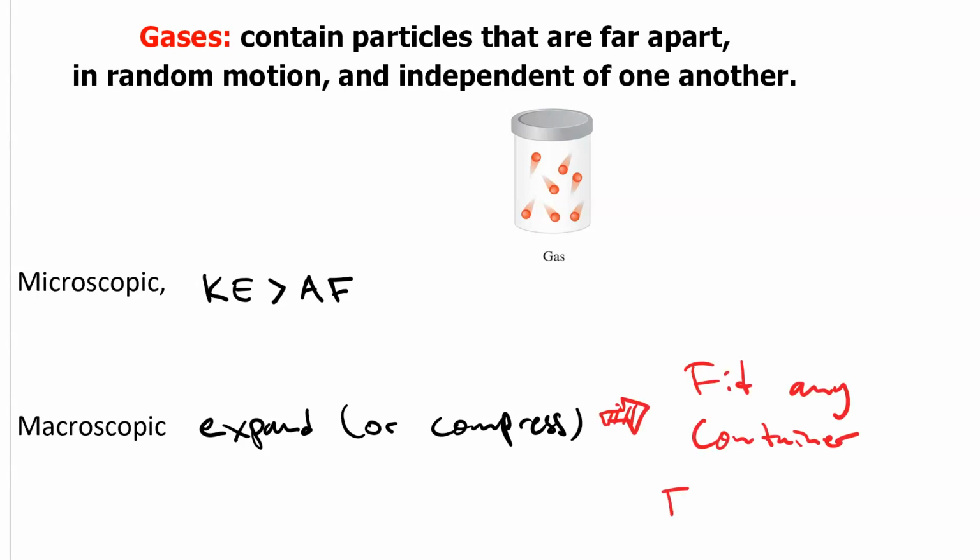Now, this is a property known as fluidity. Also, we know that their density is low, like 1 gram per liter for air at room temperature.